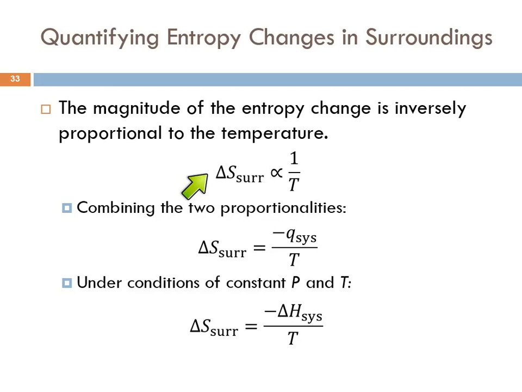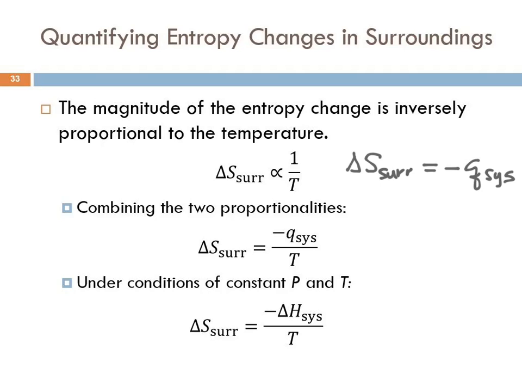And so we can take this proportionality and the one from the previous page that says delta S surroundings is proportional to negative Q sys, and combine them together. We end up with the change in entropy for the surroundings is equal to negative Q for the system divided by the temperature. The temperature there is in kelvins, and Q would be in joules. So you get the correct units of joules per Kelvin.